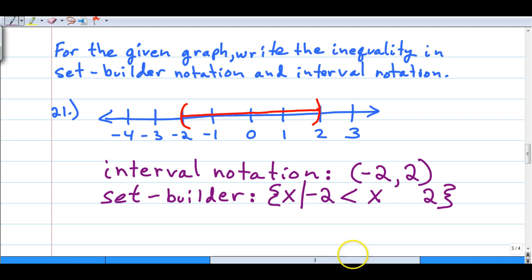Another way of looking at that is the X is greater than the -2. So it gets the side of the inequality that's larger facing it. Now I'm going to come over here and put the inequality on the other side. Now for this one, I see that the X value has to be less than the 2.